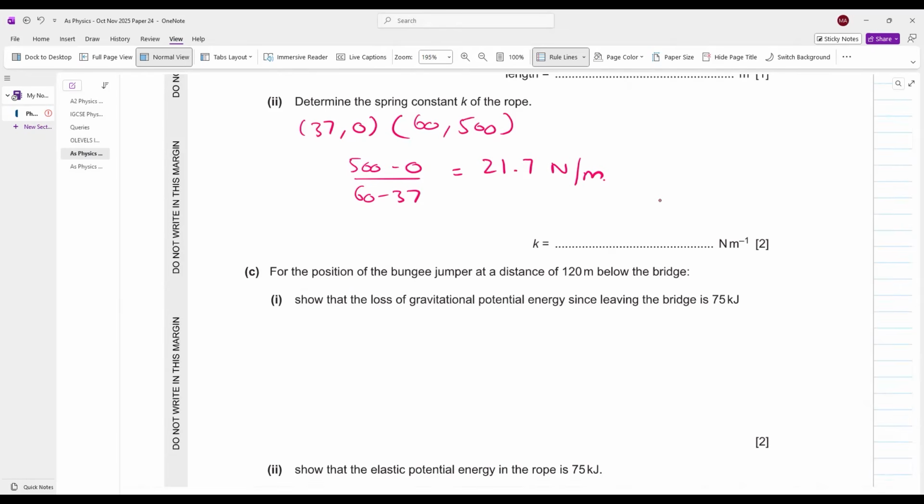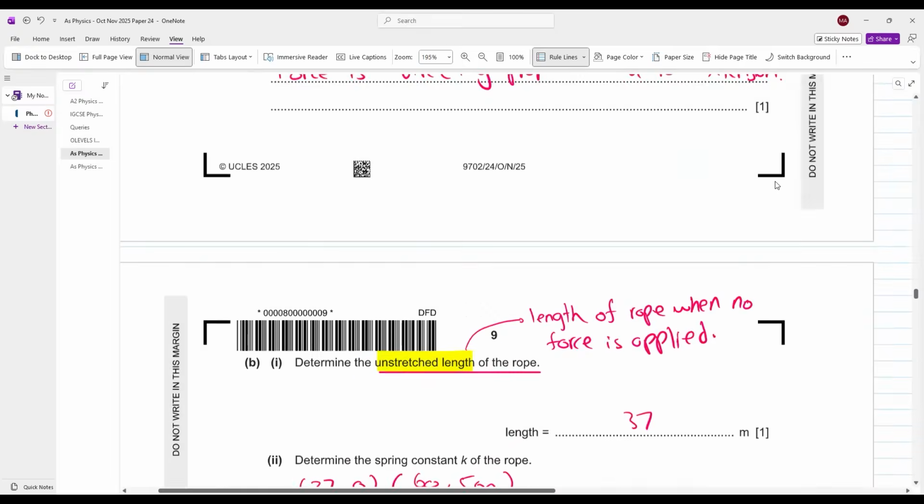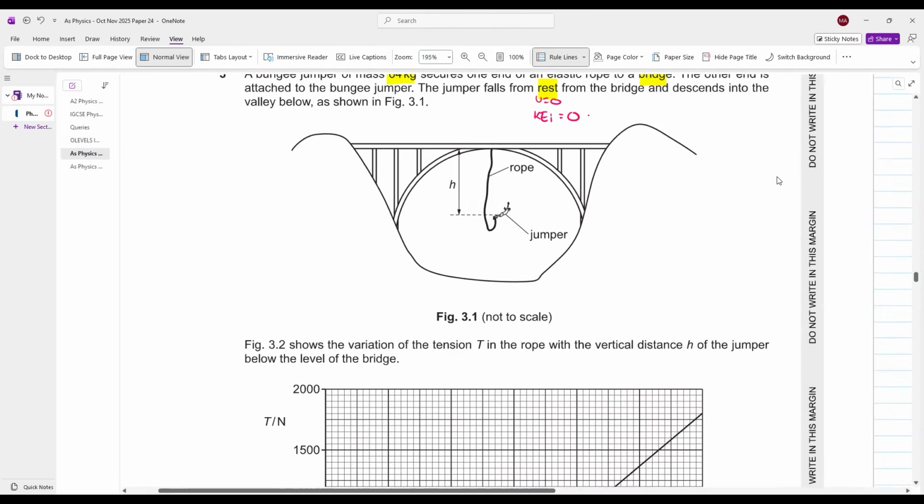For the position of the bungee jumper at a distance of 120 meter below the bridge, show that the loss of kinetic energy since leaving the bridge is 75 kilojoules. How will you calculate loss of gravitational potential energy? Change in gravitational potential energy is equal to mg change in height. Do we have the mass of the bungee jumper?